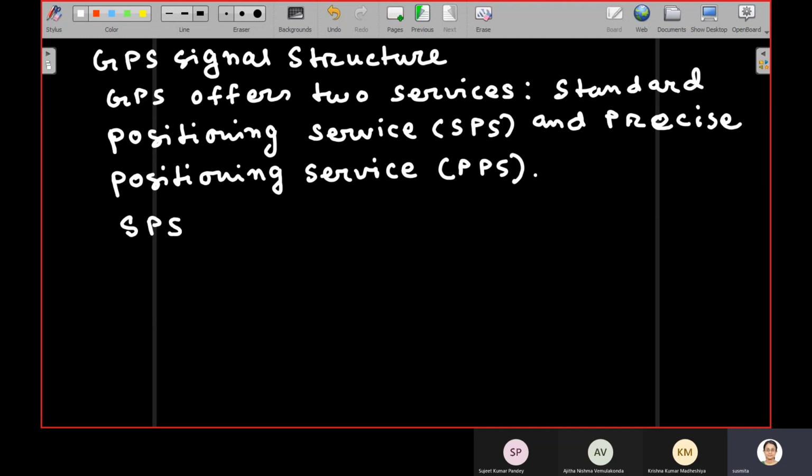SPS is available to all, okay? It's basically for civilian users.